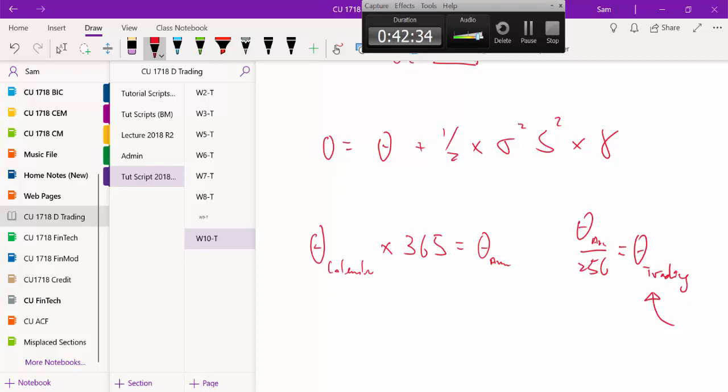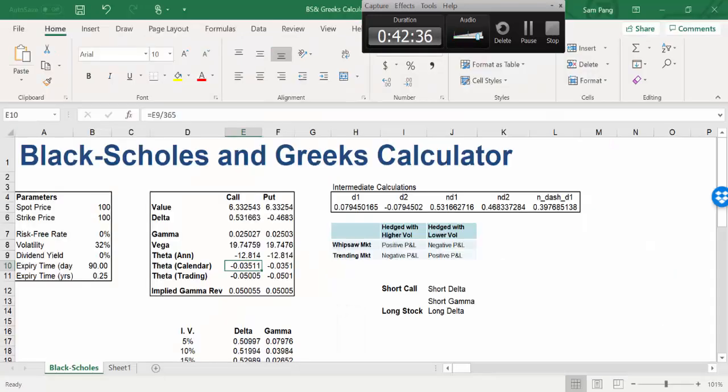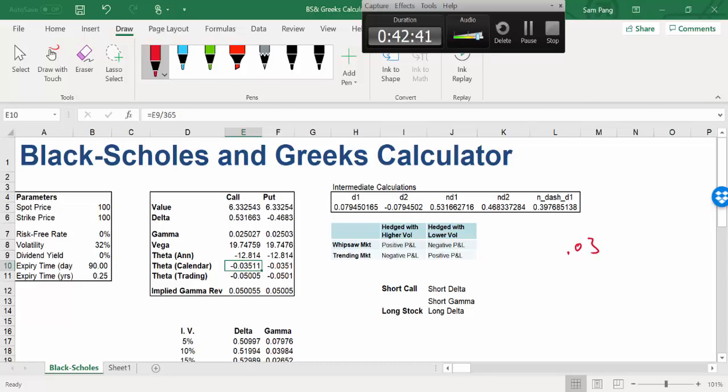If you don't believe me, so here, if the calendar theta is 0.035, I'm just going to forget the minus sign. You multiply that by 365, and you divide by 256. What do you get? You should get 0.05005. Do you get that?